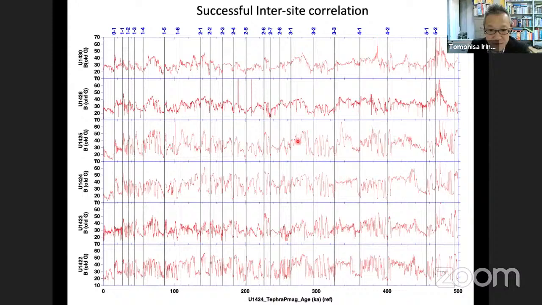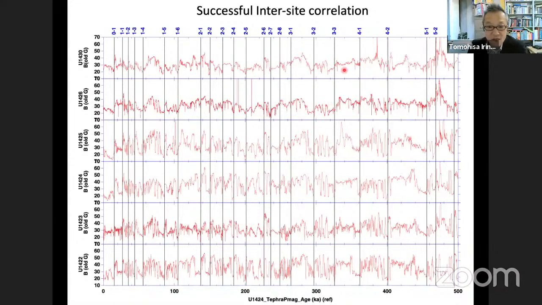So we just plot the dark-light pattern using the RGB data. These are all sites from U1422 to U1426, the deeper sites. Probably you can see these numbered major dark layers we correlated among the sites, and even the minor dark-light cycles can also be correlated between the sites.